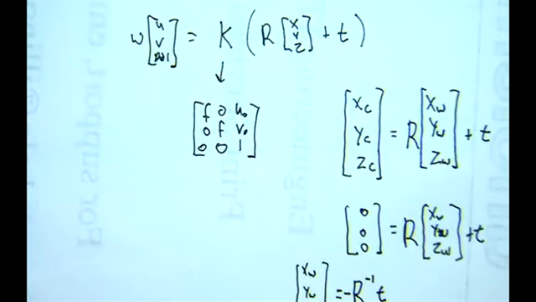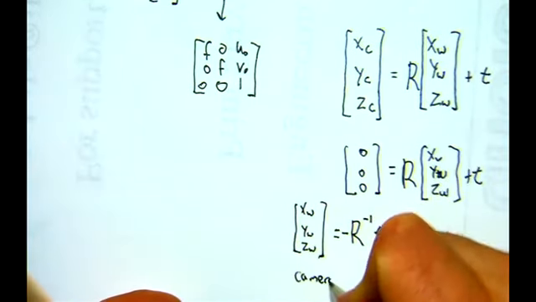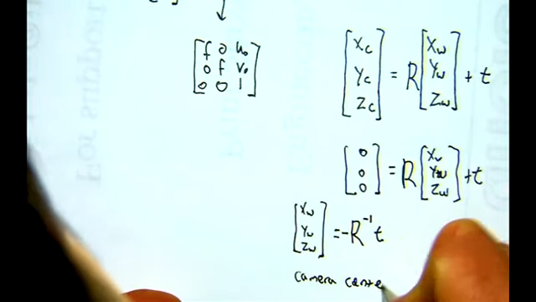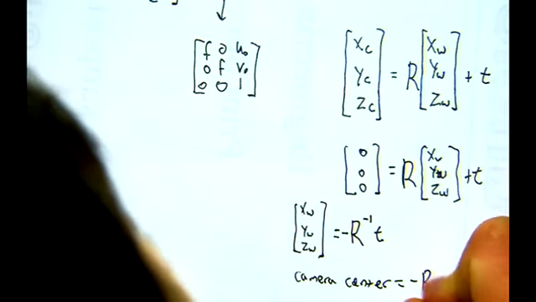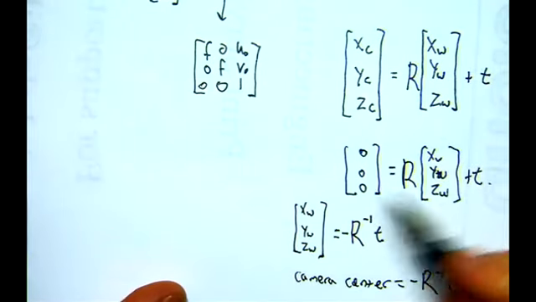So this is the camera's center. So the camera center equals negative R inverse t. I just pulled the t over to this side and then multiplied both sides by R inverse.